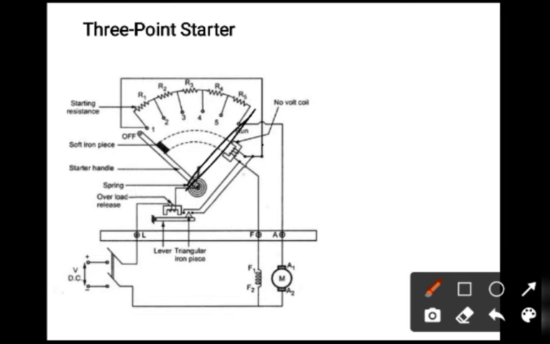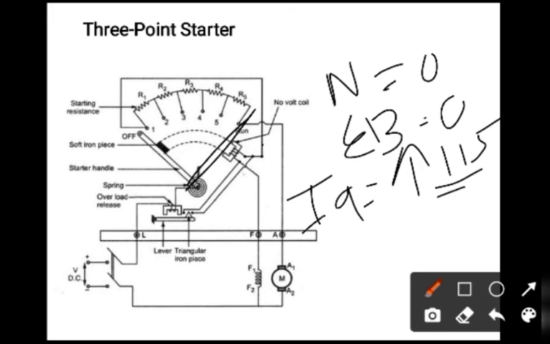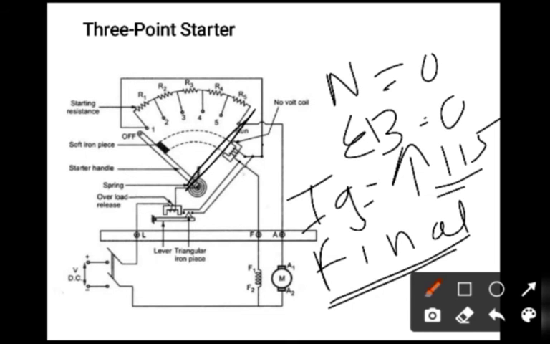At the time of starting, speed is 0, EB is 0. Now in this case, the magnitude of armature current is very high. In case of 230 volt, armature current is 115 ampere, and at that time the handle is at the final position, that is the run position, and at the run position resistance is less.